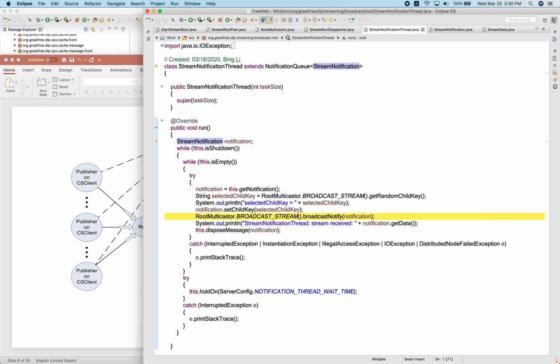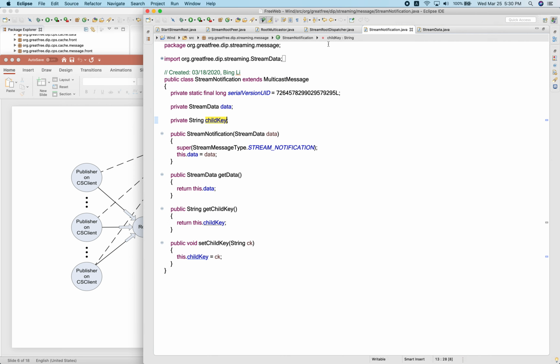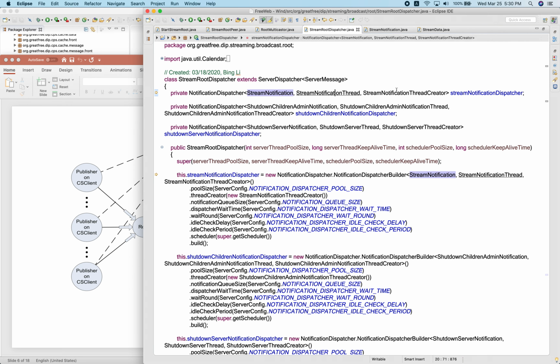Okay, what about this? Broadcasting notified. That's easy to be understood, right? So data is broadcasted. Okay, so this thread is finished. We do not need to talk about this one. Okay, this one is easy. Okay, this is shut down. Doesn't matter. Shut down.